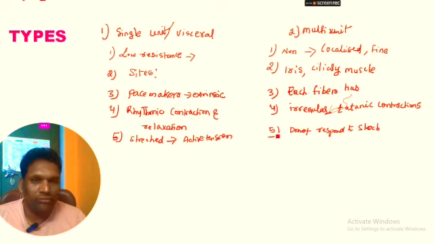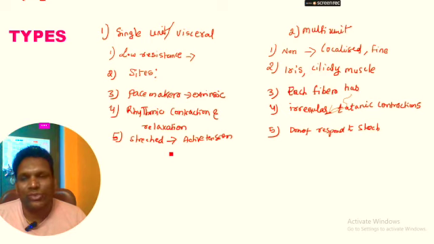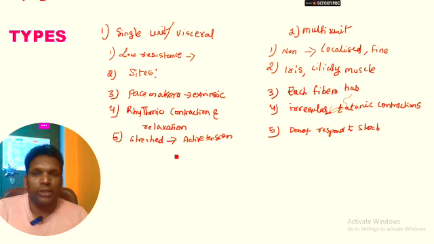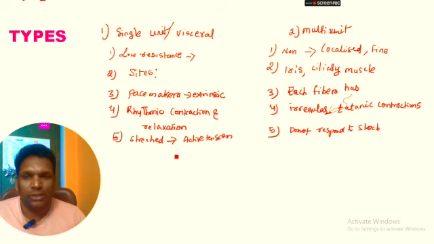Okay, so with this I have completed the types of smooth muscle fibers. I can show you the differences over here. Single unit smooth muscle fiber: a group of fibers are innervated by a single neuron.